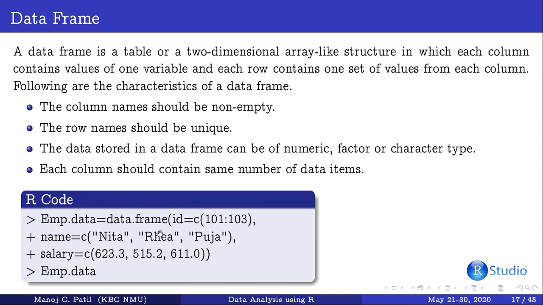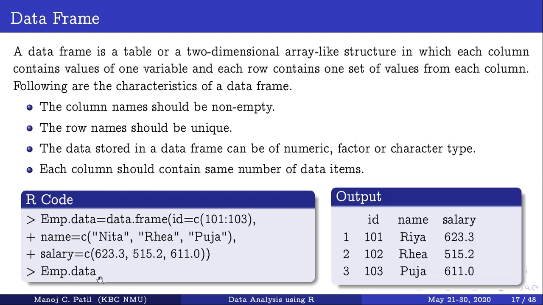Then their names Nita, Ria, and Pooja, and their salaries, maybe per day or something like that. Then we can print employee.data. Here is the output, you can observe it. It is similar to a matrix, but in a matrix we can't store names like Ria or Pooja. We have to keep all elements the same data type in a matrix. That is not the case for a data frame.